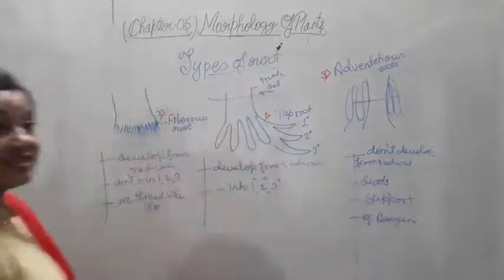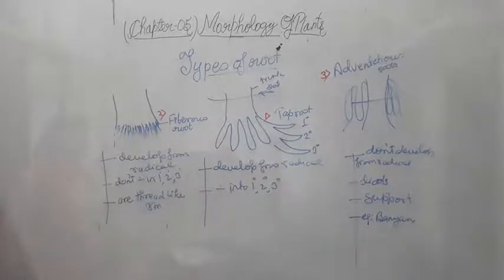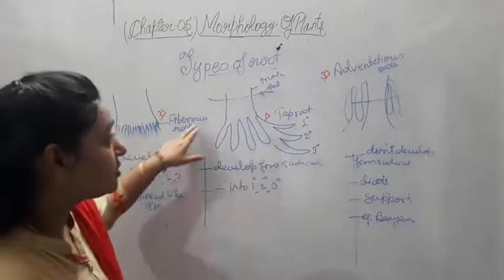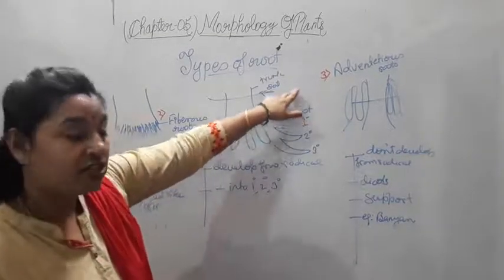As they are not developing from the radicle section, that is why they have been given the name adventitious roots. So this is a very common type which you can see at almost all places. So now you know that there are three different types of roots. We have taproot, fibrous root, and adventitious root.